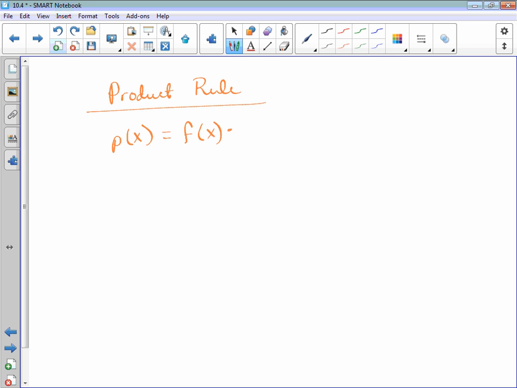So if we are looking at p of x equaling f of x times g of x, this means you have two things multiplied together that both have a variable in them. The way we find the derivative, we do g of x, so the second one just as is, times the derivative of the first, plus the first one times the derivative of the second.